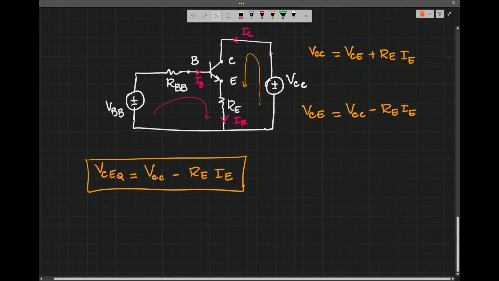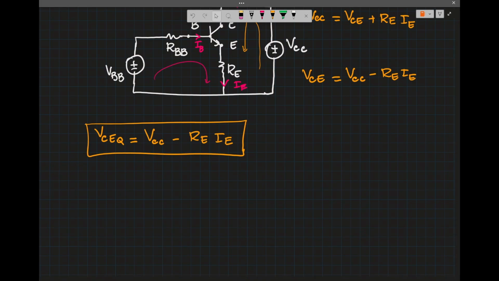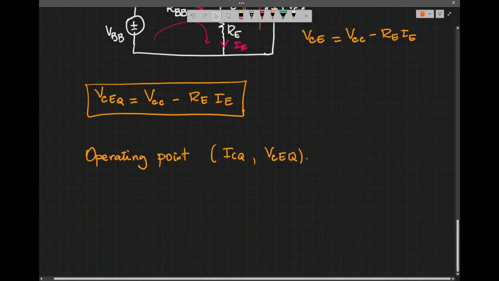Now, so we have the operating point, which is also called the quiescent point. That is ICQ and VCEQ that we just calculated.